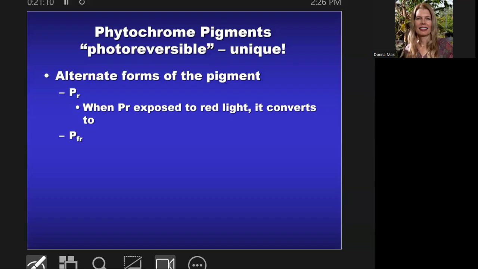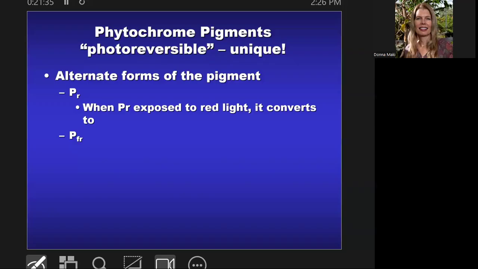Some of you who had Plant Kingdom, this should sound familiar, so this is a good review. P sub FR form is phytochrome far red. This is the version or shape of the phytochrome pigment that is fully capable of absorbing far red light.